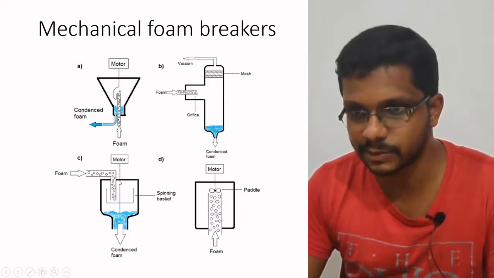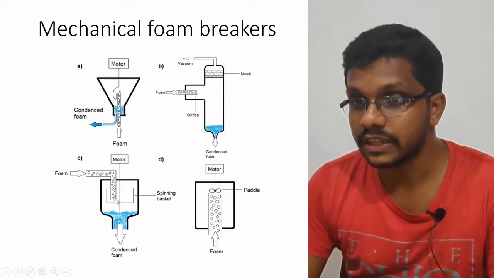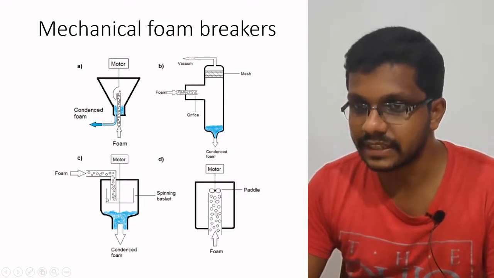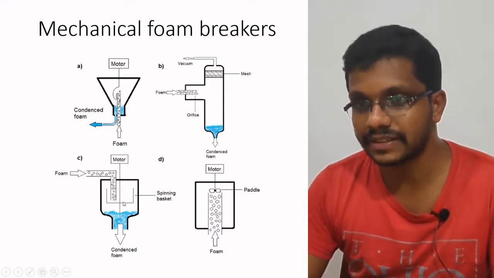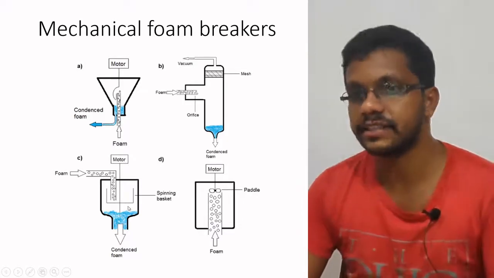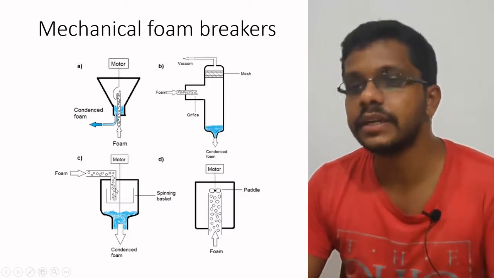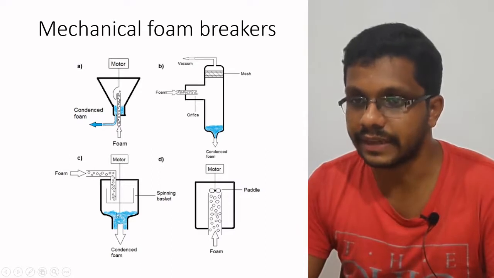In this setup we have something like a centrifuge. The foam is placed in a rotating, spinning basket. Once it is in the basket, it is rotating very fast. It will be accelerated against the walls of this basket, and the breaking of the foam happens because of the rotation. So we will get the condensed foam.